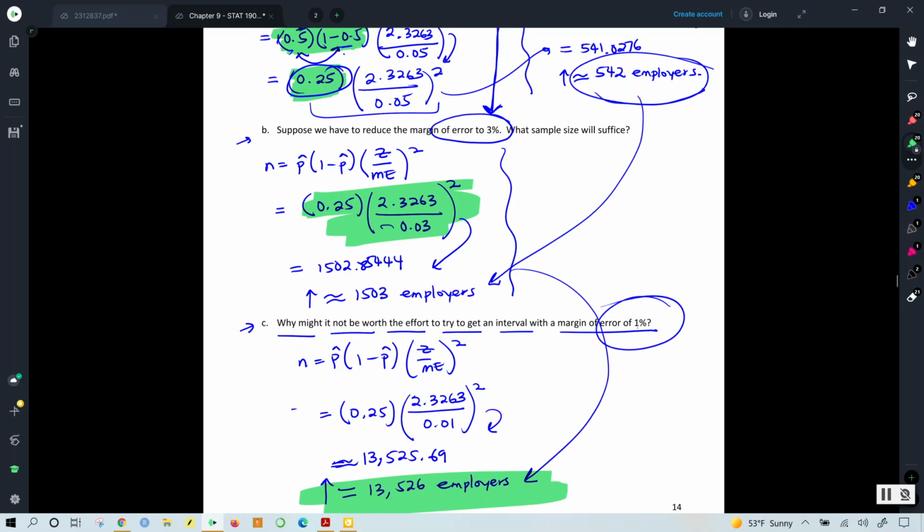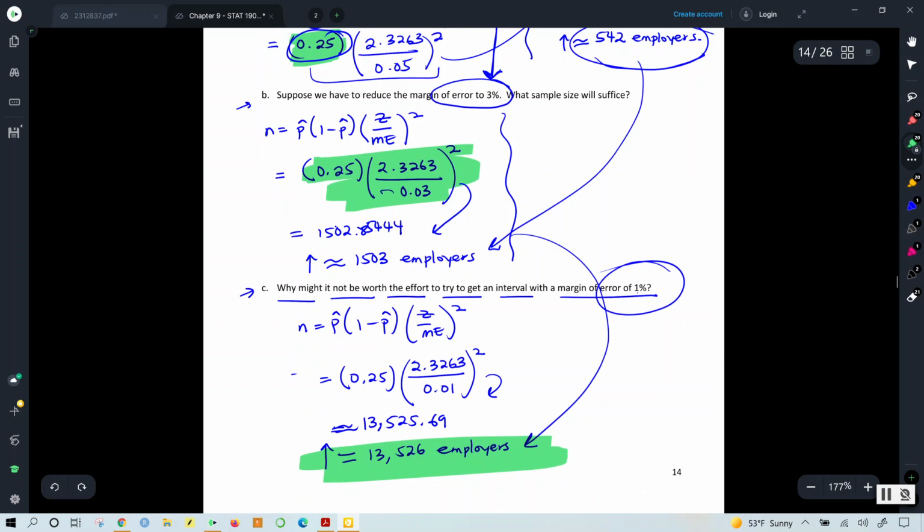So with that, we come to the end of the consideration of how to compute, interpret and make everyday applications of the concept of confidence intervals for population proportions.